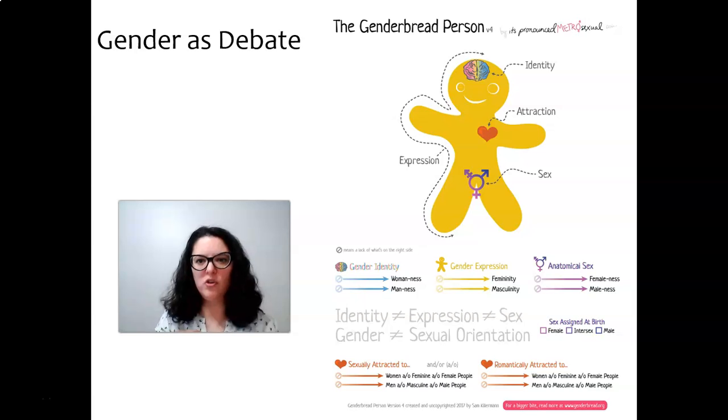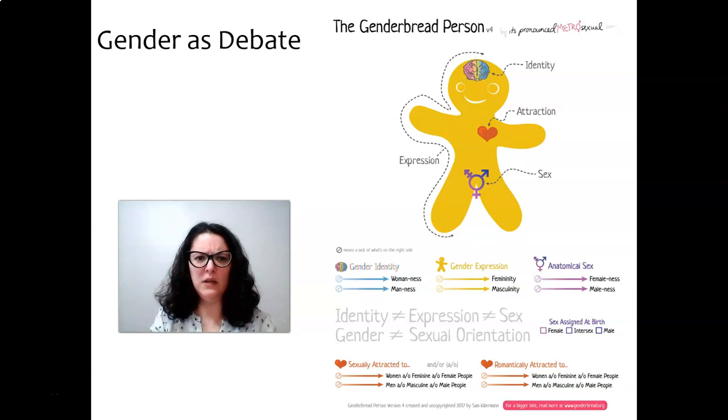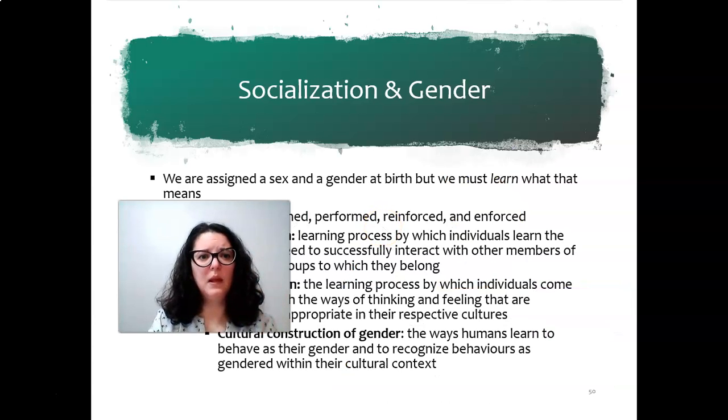We have biological sex or anatomical sex. So we have all of these different concepts at play in terms of ourselves. And so how we choose to behave as a gendered individual, to express our gender, to acknowledge our gender, all the terminology we use, is something that we may debate as individuals, but could also be debated in the public sphere as well.